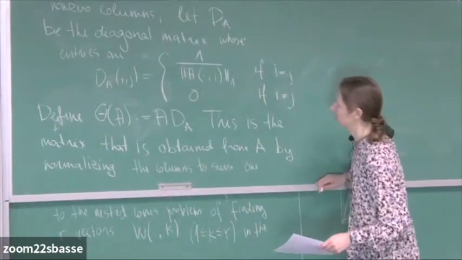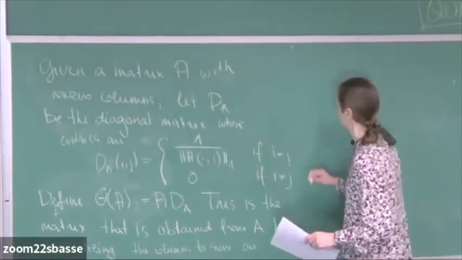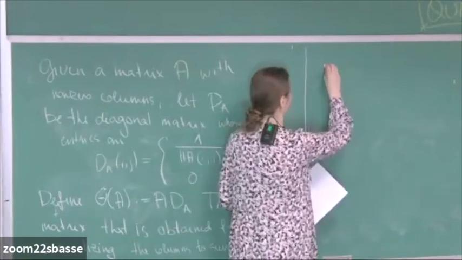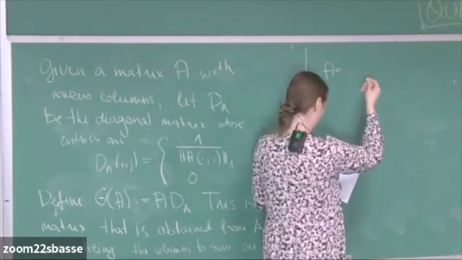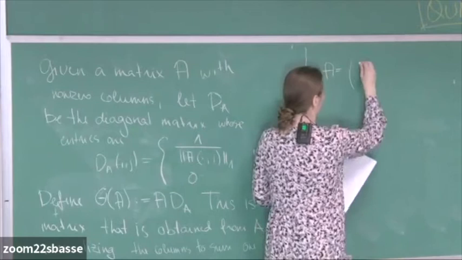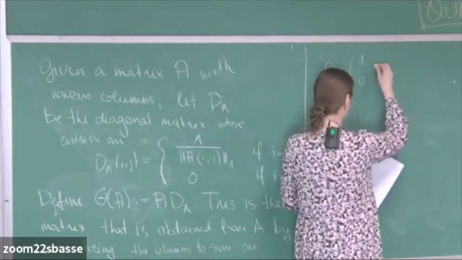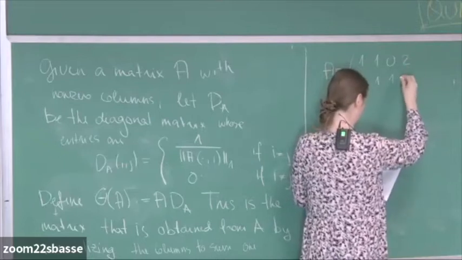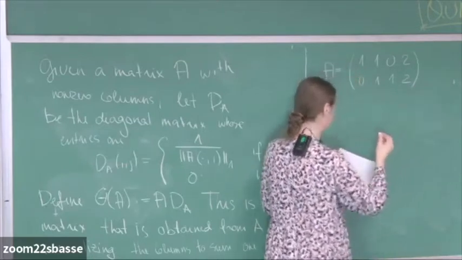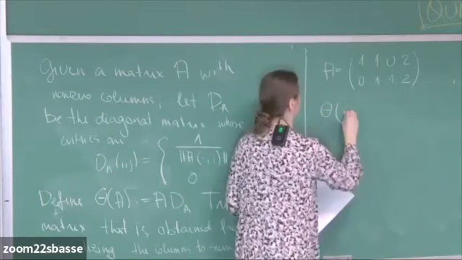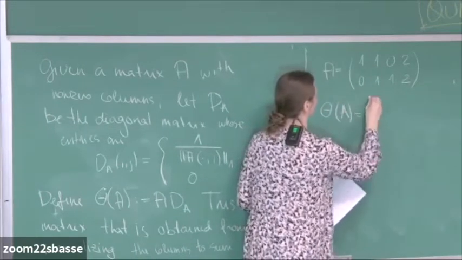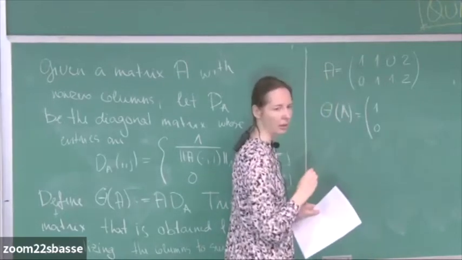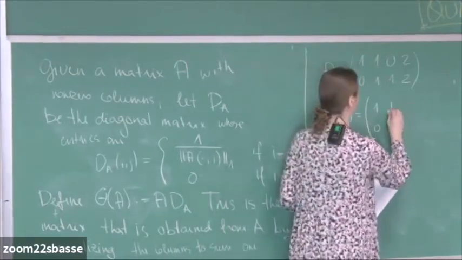Let's see an example. If you consider the same matrix as before, then theta A will be the matrix. We check if the columns sum to 1, and if they don't, we scale.